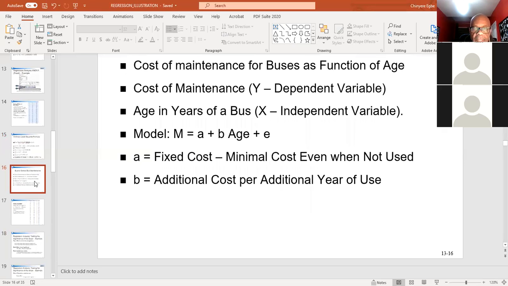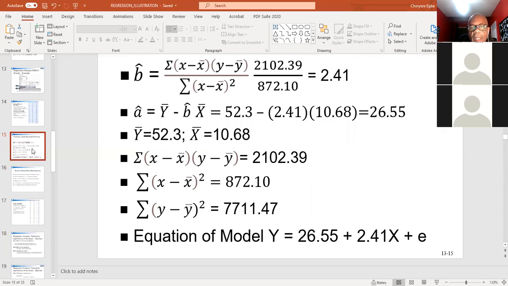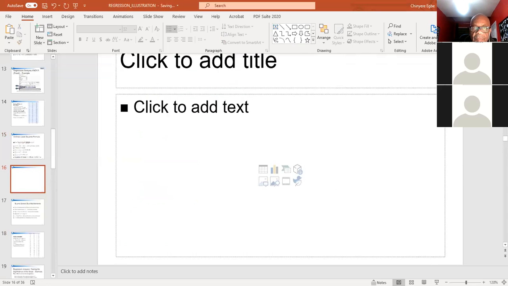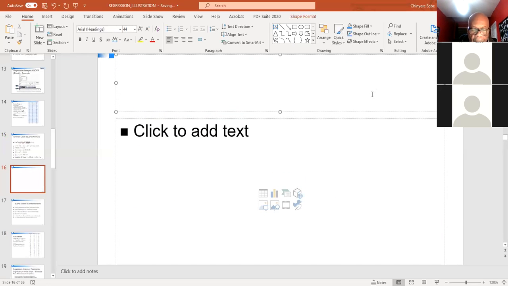Okay, so the next thing we're going to calculate is the nature of the relationship. What is the coefficient of determination? I mean, how strong is the relationship?